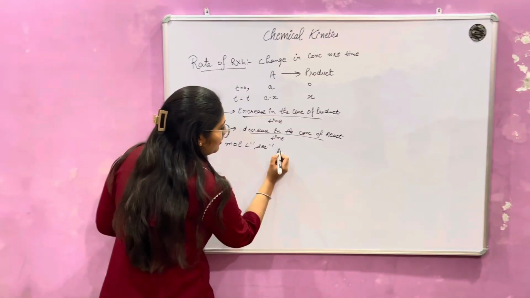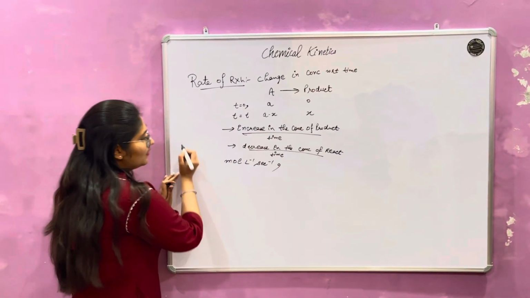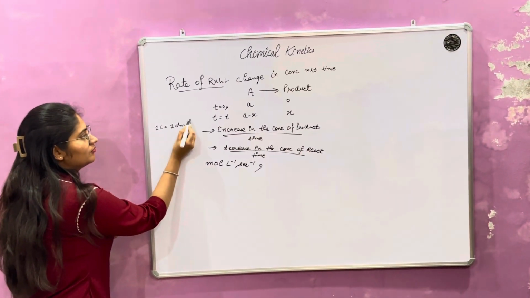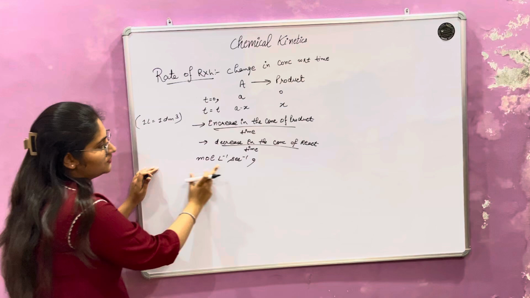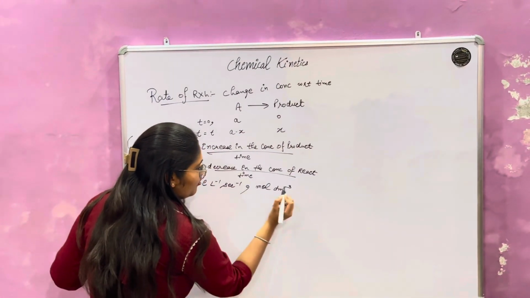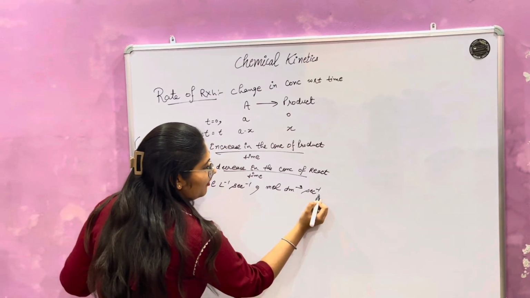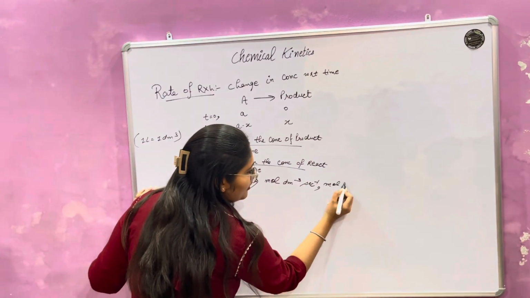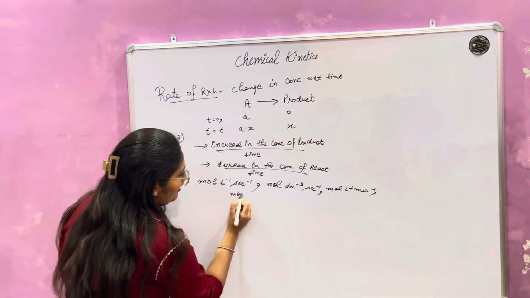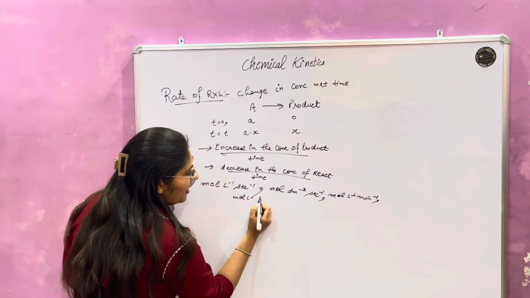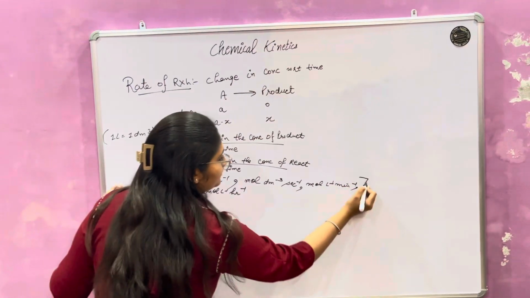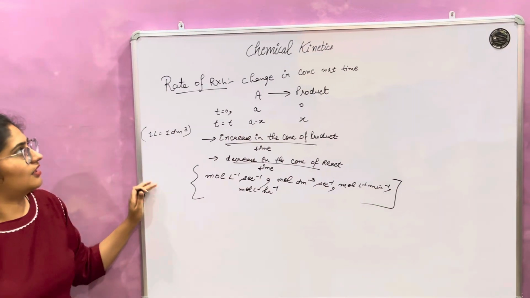Also, we know that 1 liter is equal to 1 decimeter cube. So we can change this unit into mol dm^-3 s^-1, mol L^-1 min^-1, mol L^-1 h^-1. Hope you have understood this much.